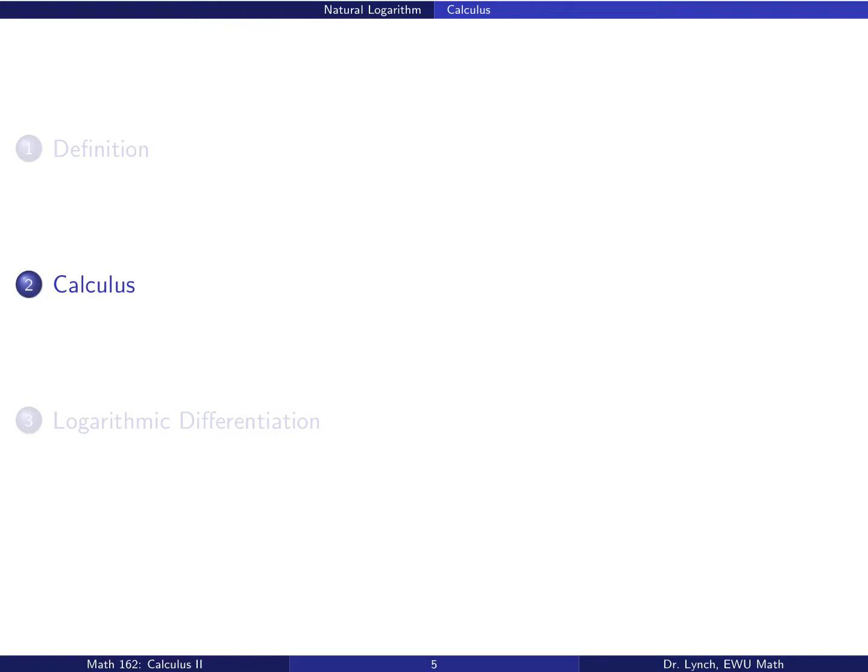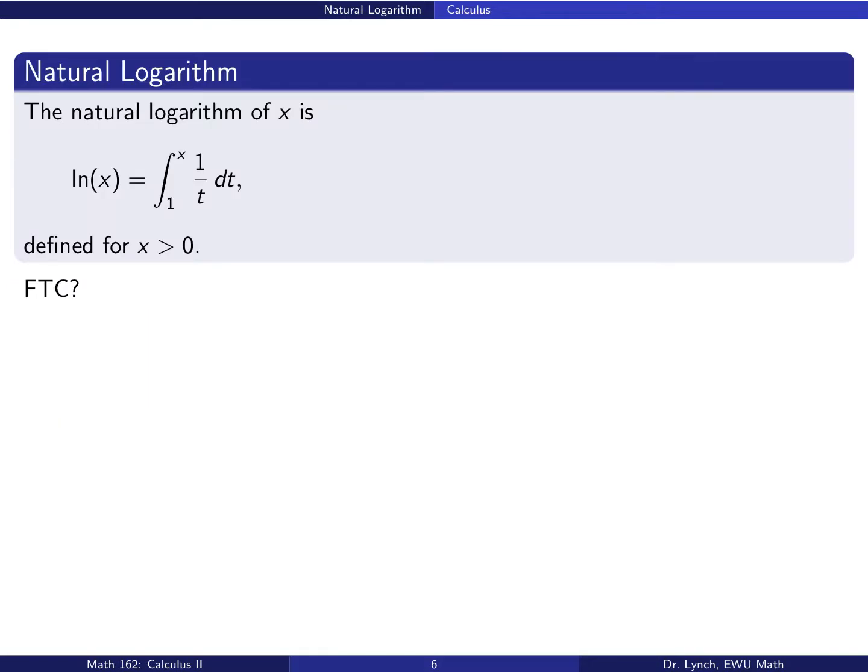Okay, let's go ahead and talk about doing some calculus on this function, natural log of x. We can see that the form of the natural log function is defined exactly as the form of a function for the fundamental theorem of calculus.